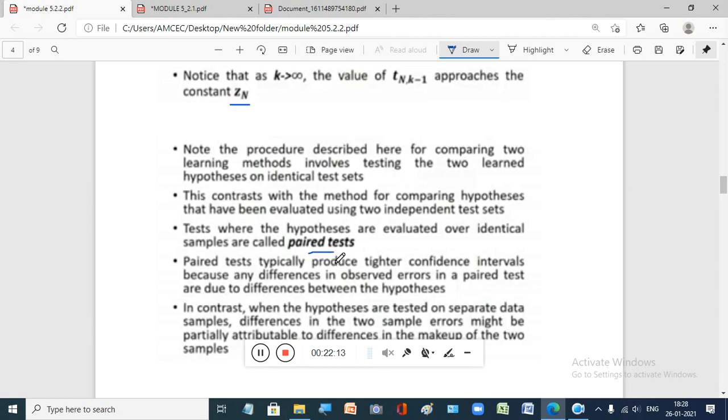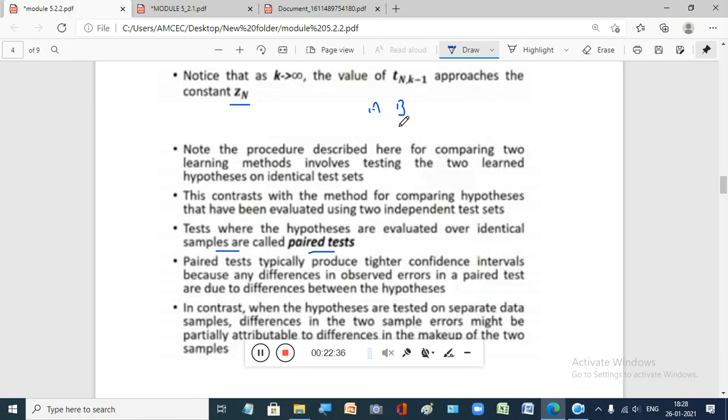Both learning algorithm A and algorithm B are tested as well as trained on the same sample space. We are not changing the sample space. That is why it is called the paired test.